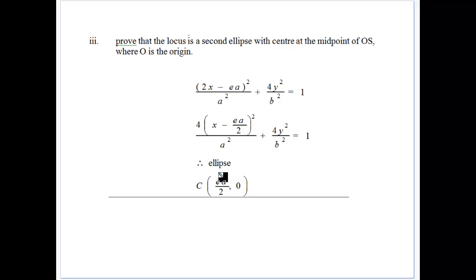So it's going to be an ellipse where the center would be (ea on 2, 0). That would be the midpoint of OS, because S is (ae, 0), so half of that would be the point between the origin and the focus. So that's where we've proved that the center is (ae on 2, 0).